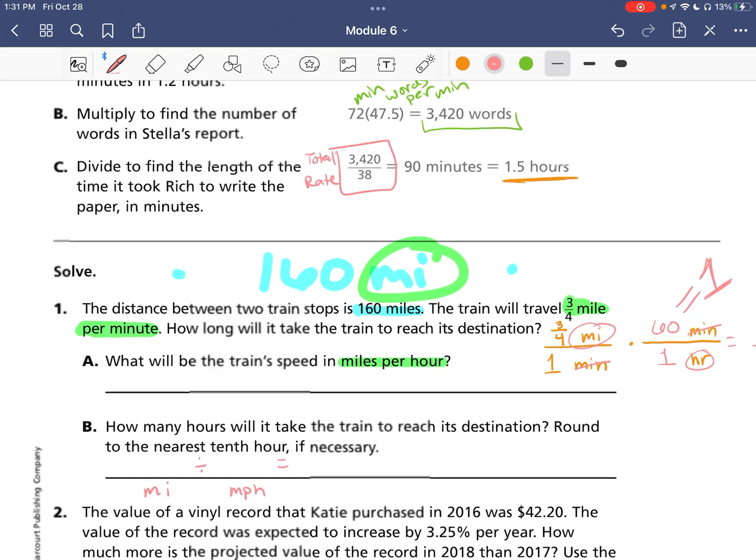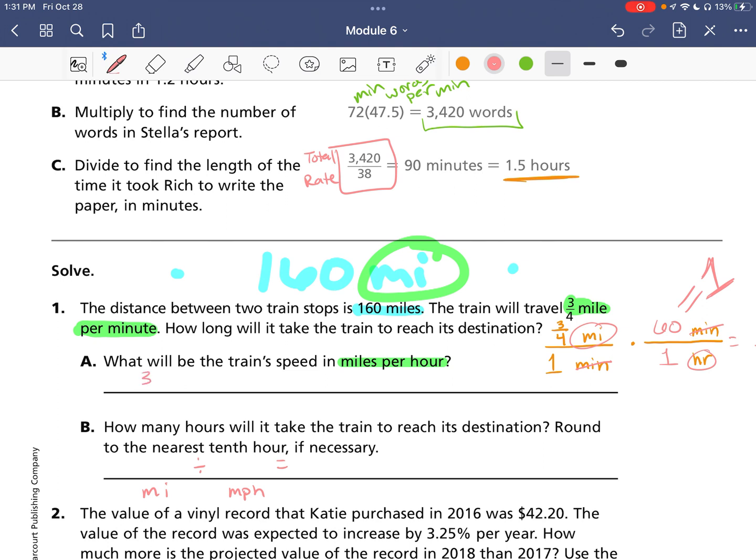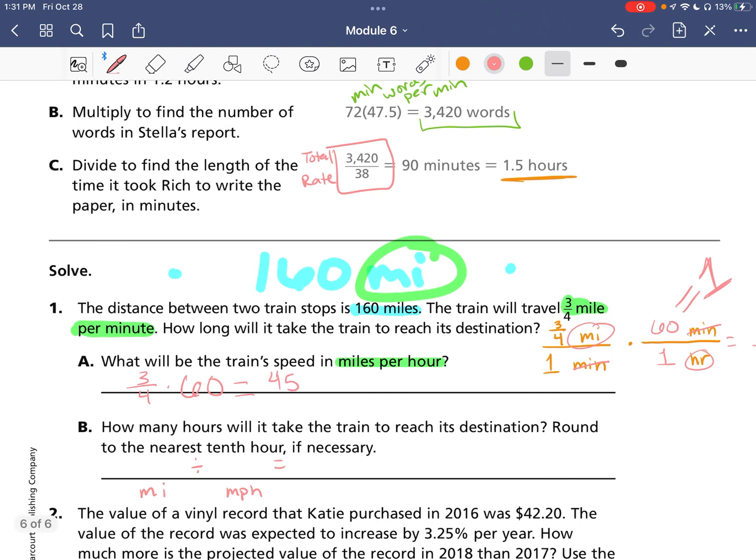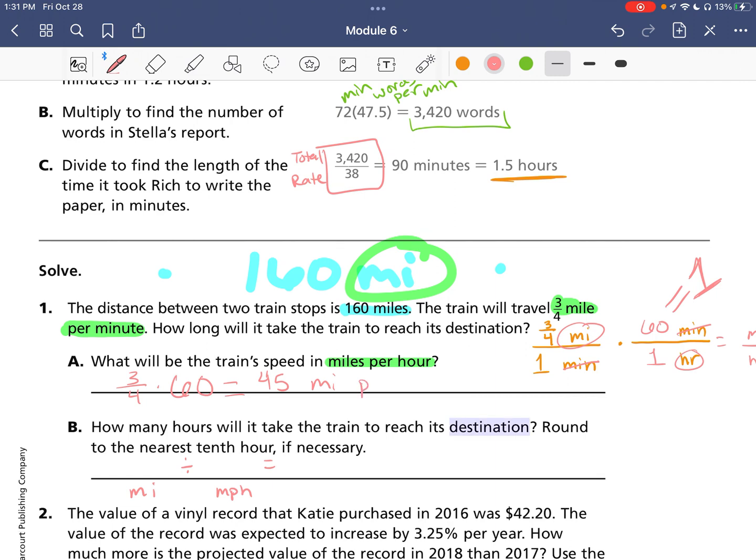Okay, so 3/4 times 60 will give us our new rate of 45 miles per hour.